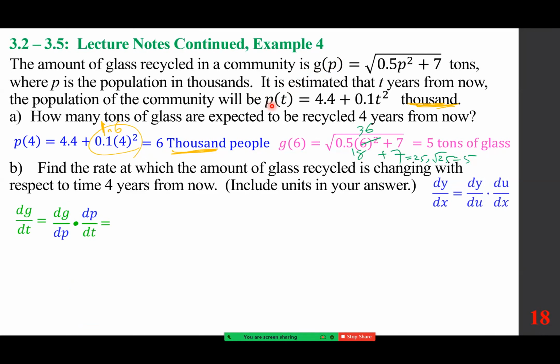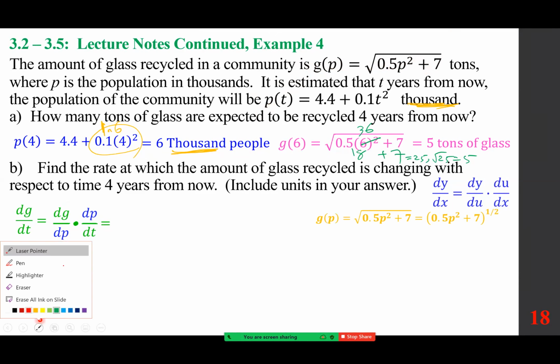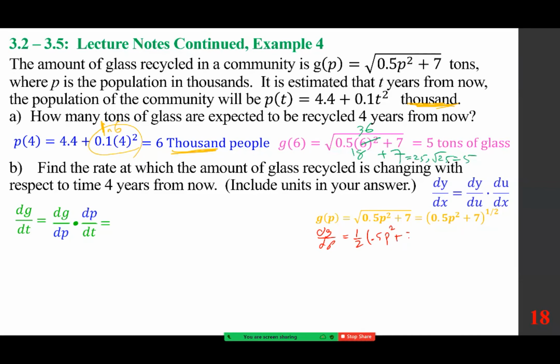To differentiate this, first I'm going to rewrite this as 0.5 p squared plus 7 to the power of 1/2. Okay, I want to quickly show you how it's done. So I'm interested in dg dp. So dg dp, you have a 1/2 times the parentheses, 0.5 p squared plus 7 to the power of 1/2, and I'm going to subtract 1.